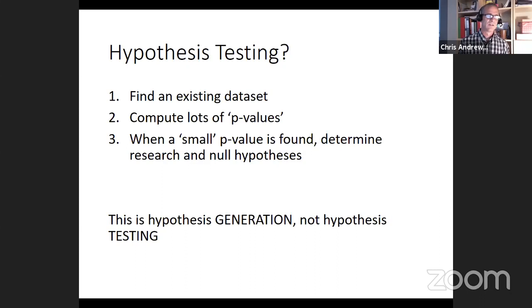Maybe you have an interesting data set somewhere, and you say, let's just find what's there. And so you pick a couple variables and you compare them, and you compute some p-value, or you look at one variable in several different groups and compute a p-value. And then when you get around to a small p-value, which we'll see in a minute, is evidence of an effect of some kind, then you say, okay, I found something.